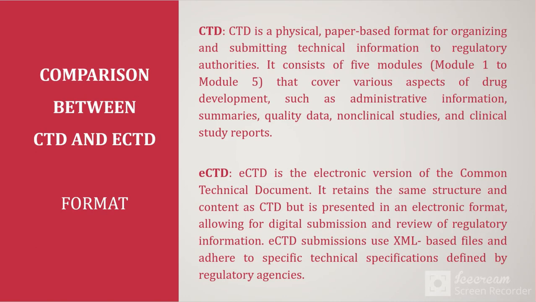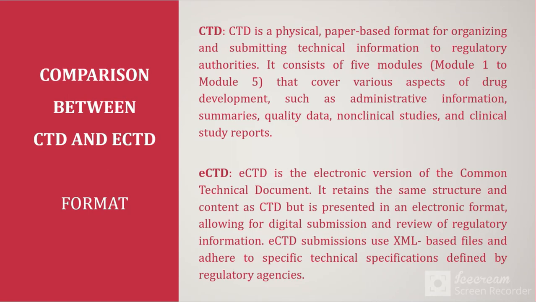CTD is a physical, paper-based format for organizing and submitting technical information to regulatory authorities. It consists of 5 modules, Module 1 to Module 5, that cover various aspects of drug development, such as administrative information, summaries, quality data, non-clinical studies, and clinical study reports.